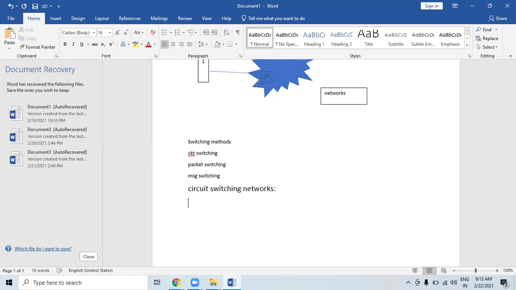In circuit switching, the resource remains dedicated as long as the connection is alive, due to the allocation of resources during the entire duration of the connection. The efficiency of a circuit switching network is lower than the other two types of switching. Even so, the delay in this type of network is very small.